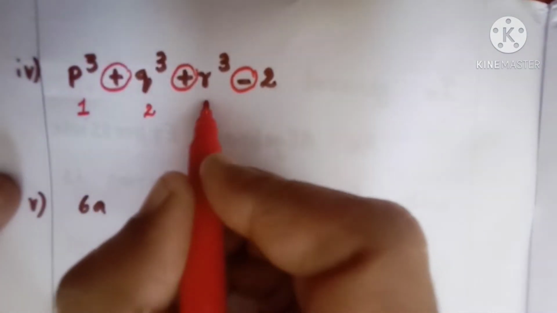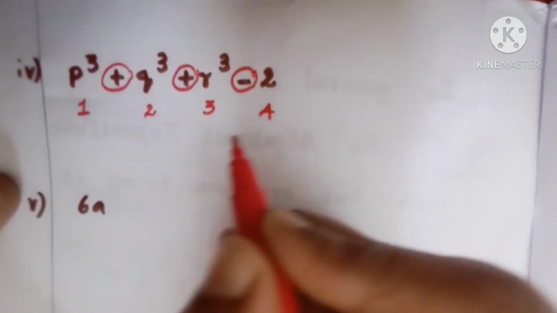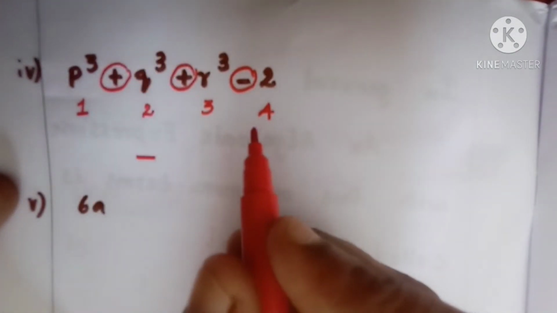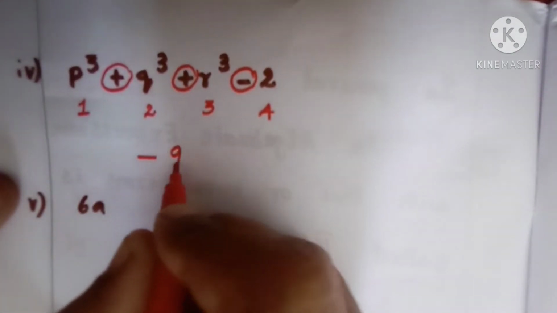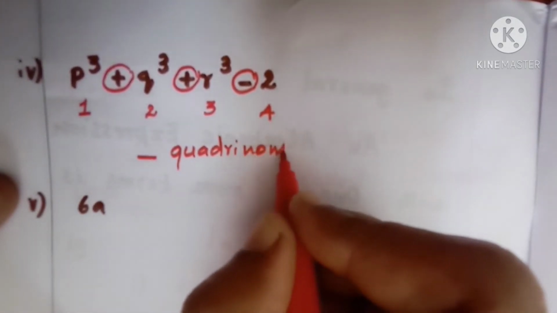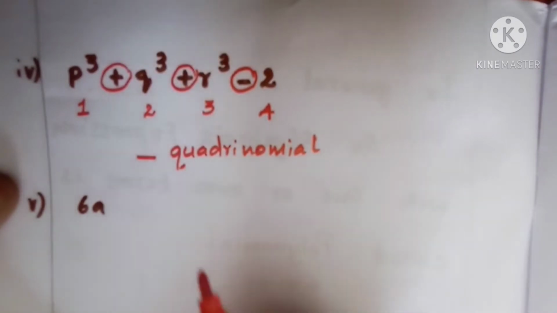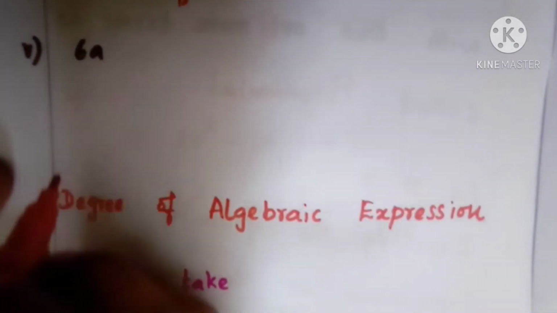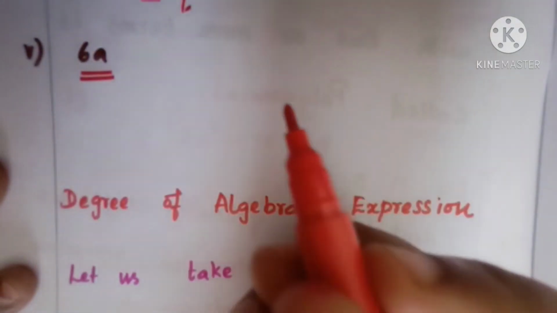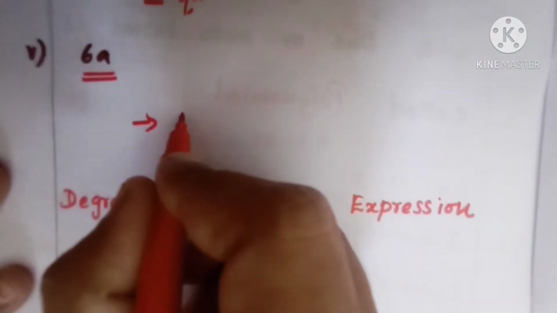So totally 1, 2, 3, 4 terms. So an algebraic expression has 4 terms means it's called as quadrinomial. Fifth sum 6a. It has only one term. So it is called as monomial.